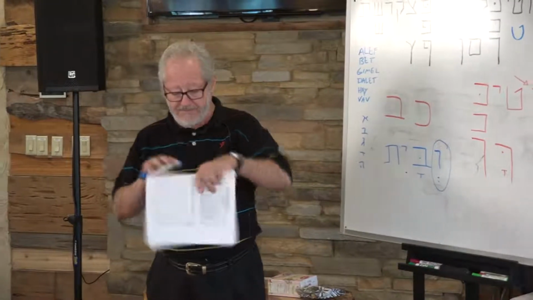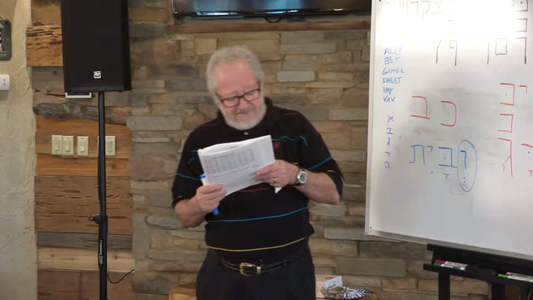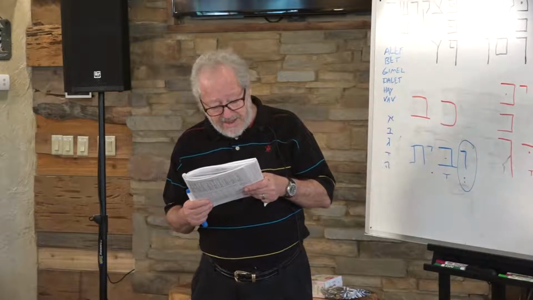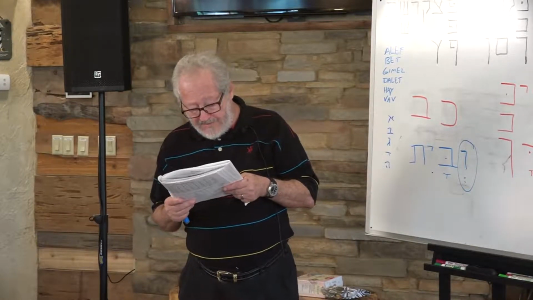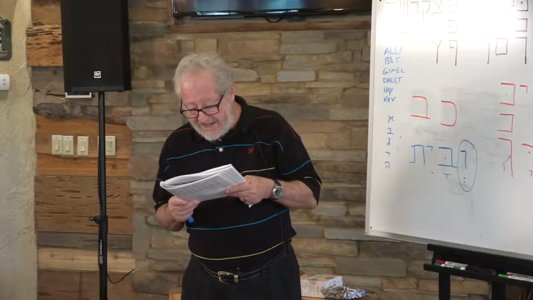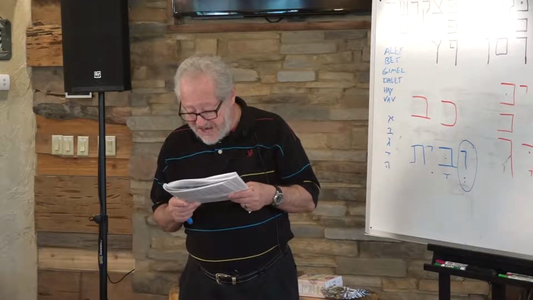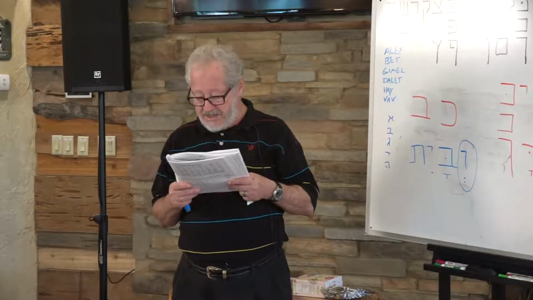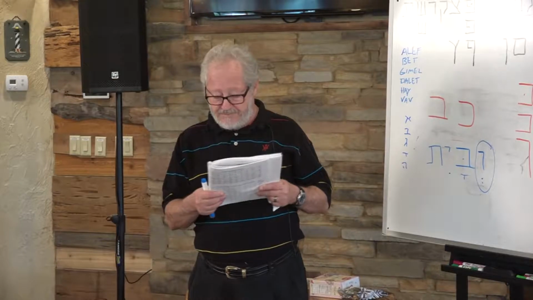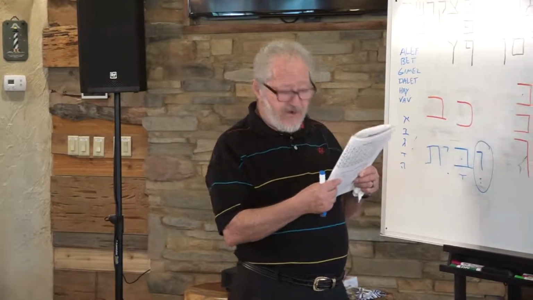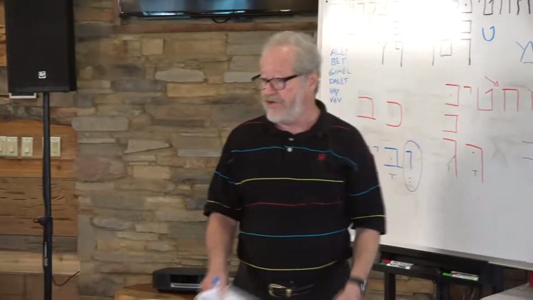You with me? The third one. Look at the Hebrew letters with the vowels. Write in English the sound that these make. Let's do the first one. First of all, can someone read to me that first word?